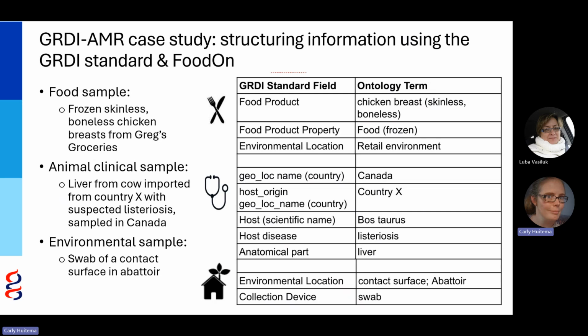So that led to a sectioning of fields into different areas. Talking about the food sample itself, if the sample is coming from food, getting particular fields involved and their pick lists for kind of food product or the property that it might have, whether it's frozen or raw. Animal clinical samples: this isn't food, it's coming straight from livestock.